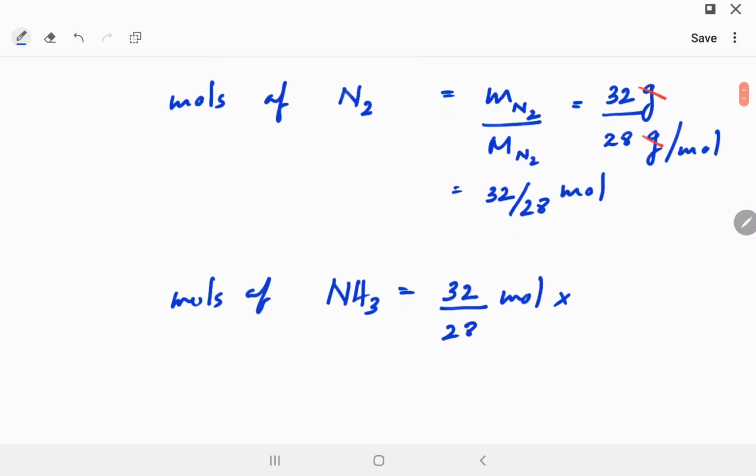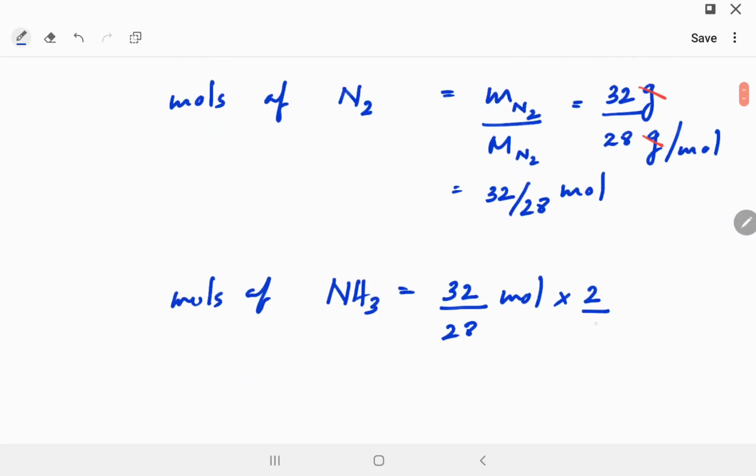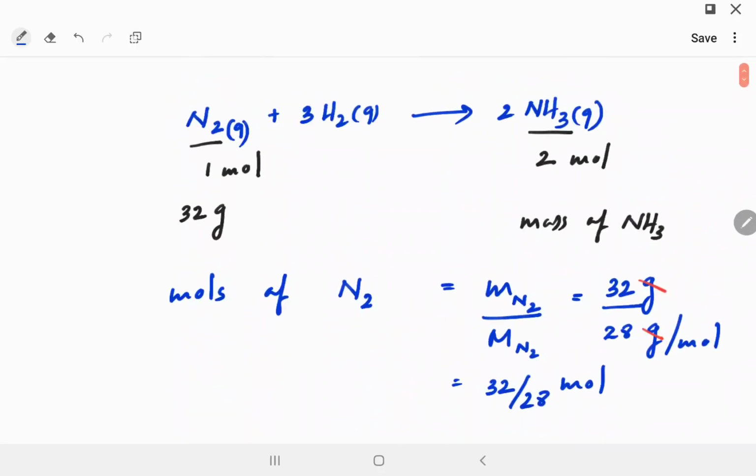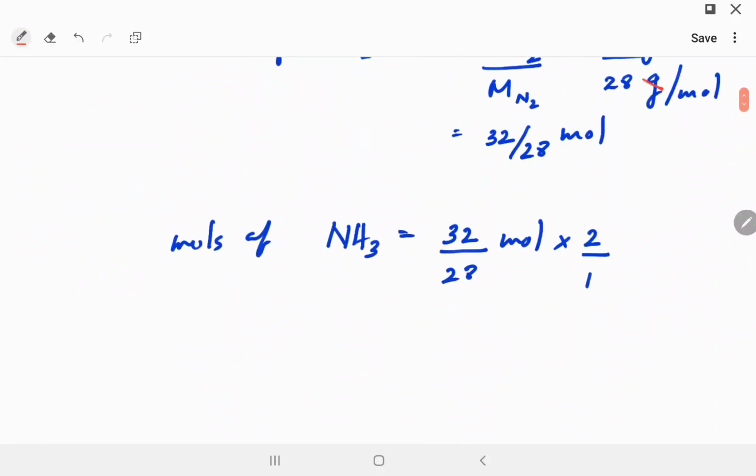For this mole factor, number 2 should be on top, because that is the stoichiometric coefficient for ammonia. And 1 should be at the bottom, because that is the coefficient for nitrogen. If you forget, you can just write down with a pencil which coefficient is for ammonia, because that is what we need to calculate, and 1 is for nitrogen.